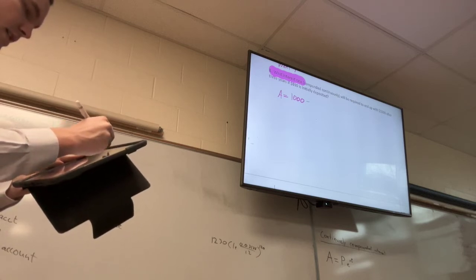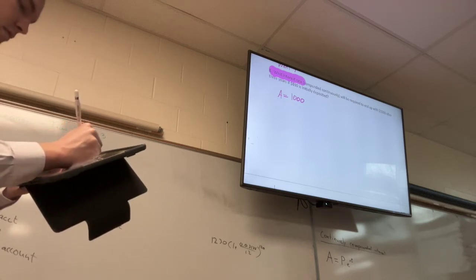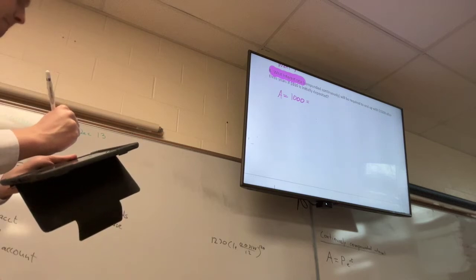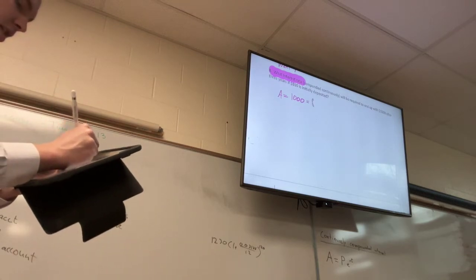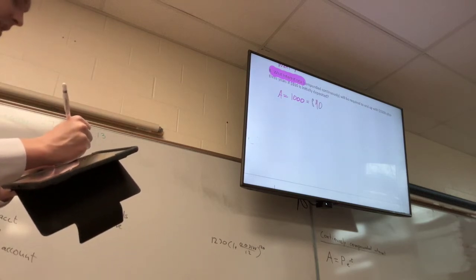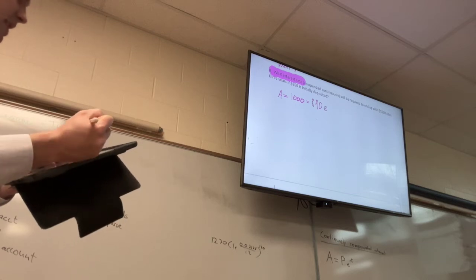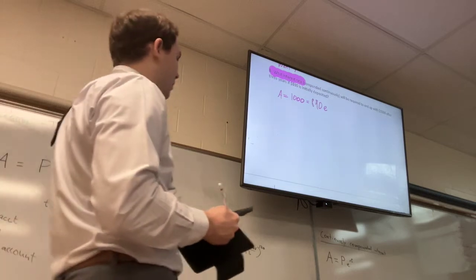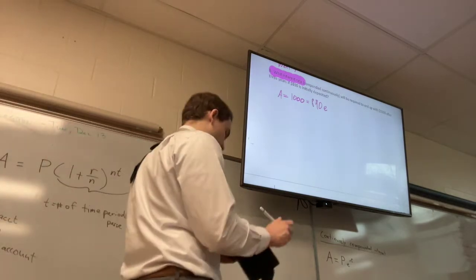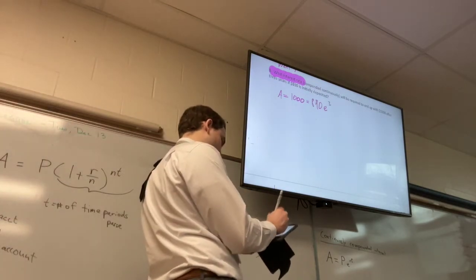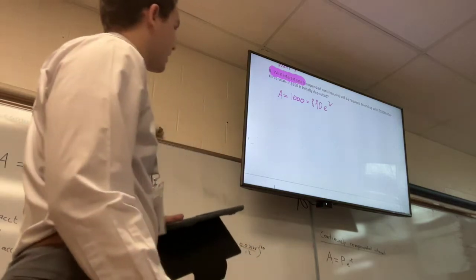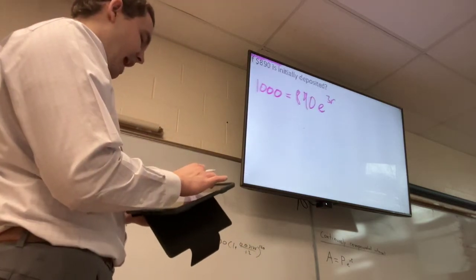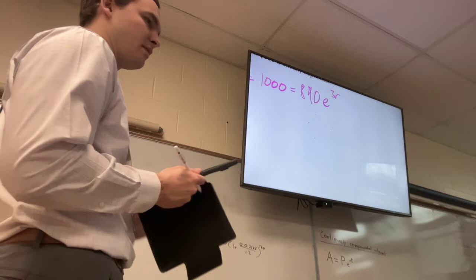What's my P? $890. Okay, and then E is just E. R we don't know, right? We don't know, but what's T? 3, yeah, so it's to the 3 times R. We just leave R as is.